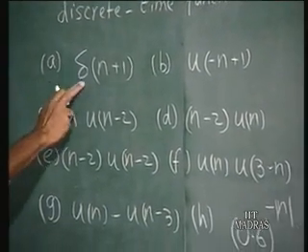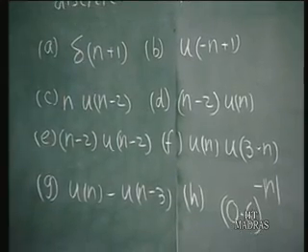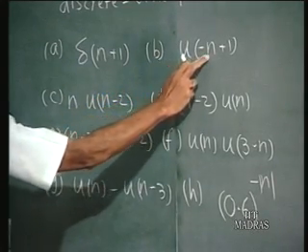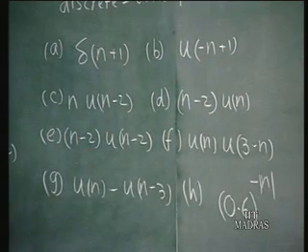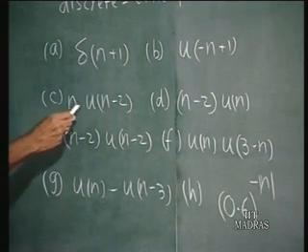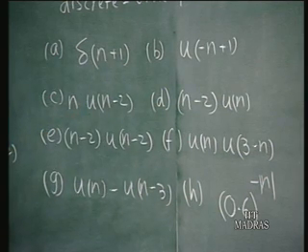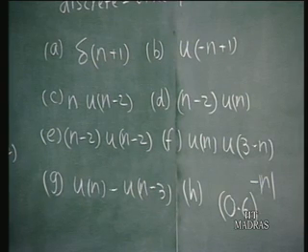A, delta[n plus 1]. B, u[minus n plus 1]. C, n times u[n minus 2]. It is understood u[n] is the unit step function, so you must find what u[n minus 2] is.